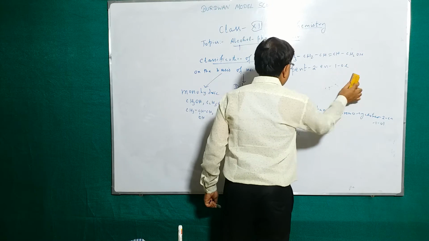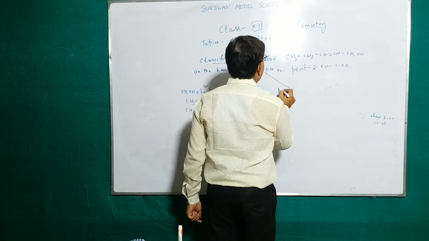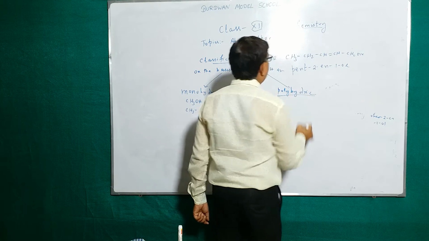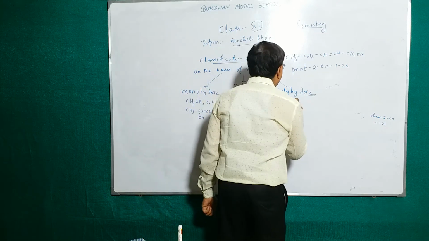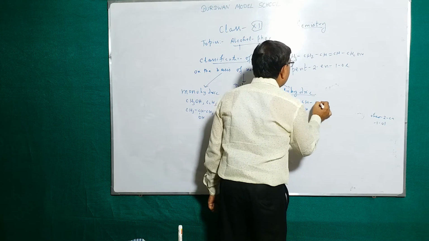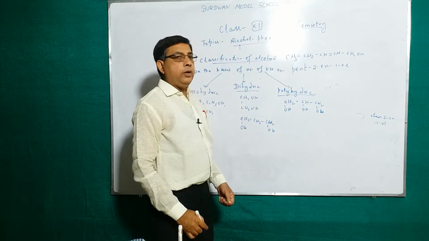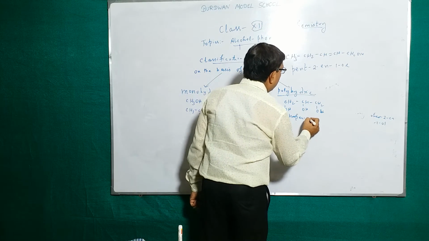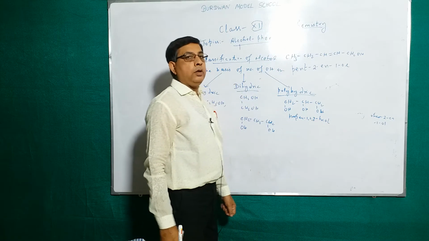Another classification, polyhydric alcohol, means which contain more than 2 OH groups. Say this compound, CH2OH, CHOH, CH2OH. This is called glycerol or propane-1,2,3-triol.